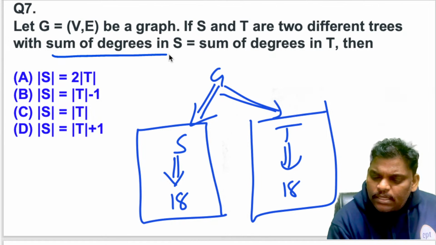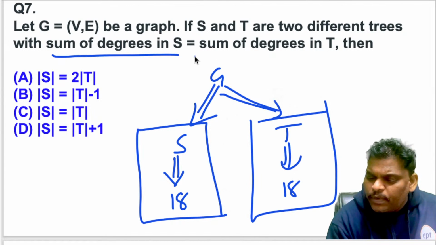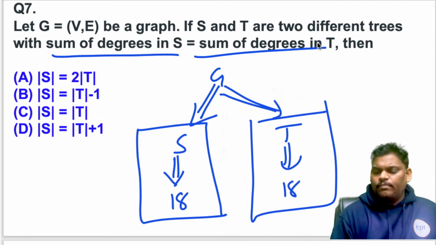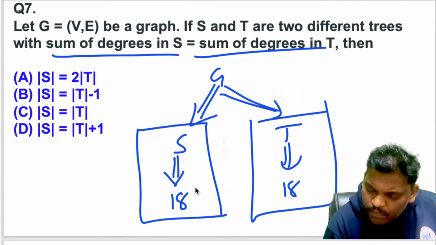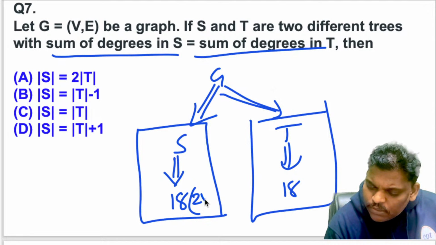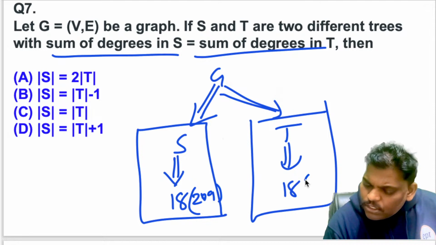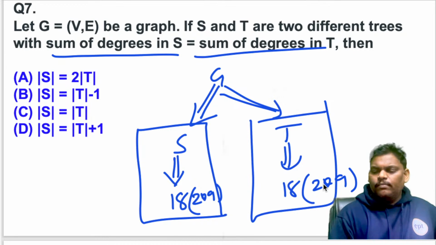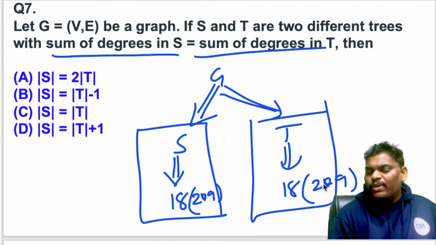Sum of degrees in S is equal to sum of degrees in T. When you say sum of degrees, it is 2 into E. So 2 into 9, and it is also 2 into 9. Sum of degrees in S is 18, which means 2 into 9.